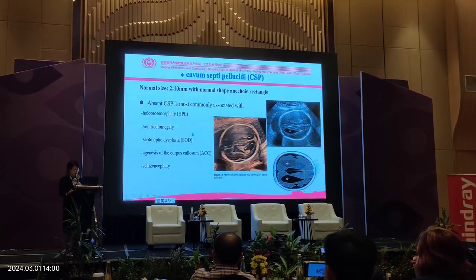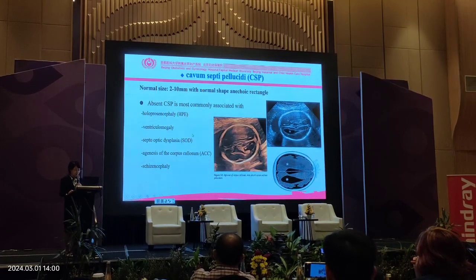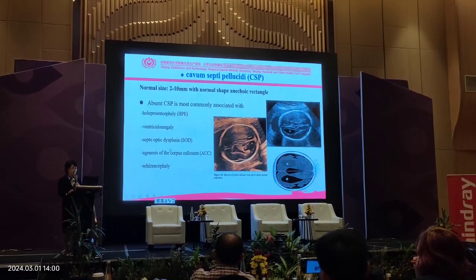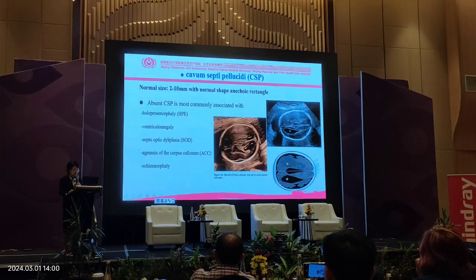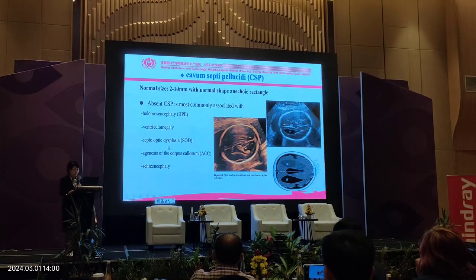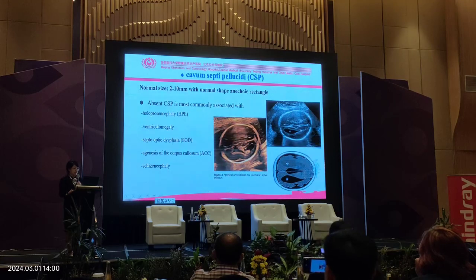We know the failure to identify the CSP is a key feature in the diagnosis of the largest spectrum of both holoprosencephaly and other anomalies, such as ACC and obstructive ventriculomegaly.